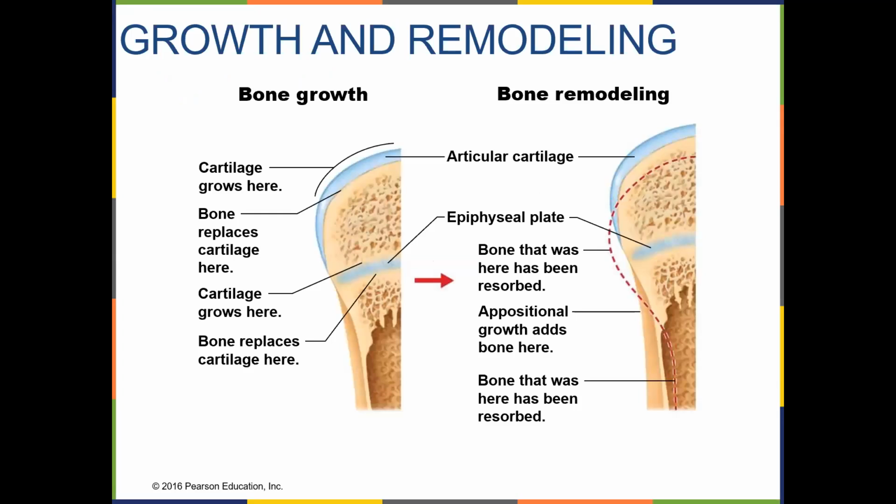Okay. Now, the remodeling that takes place goes on our whole life, whereas growth is going to be lengthwise. The remodeling is going to be what we call appositional growth, growing from side to side. The bone will get bigger or smaller depending on the load it has to carry.